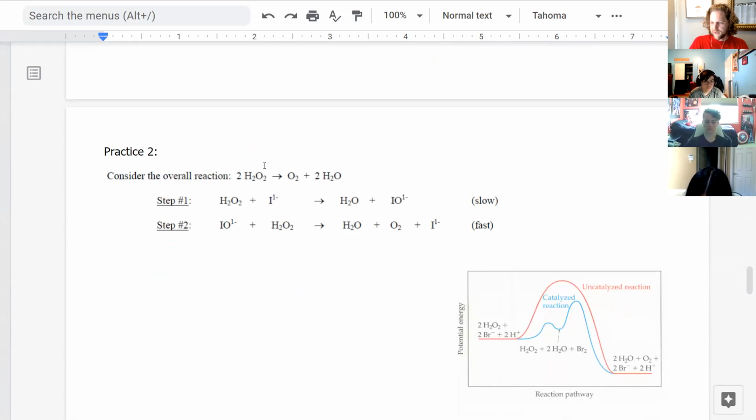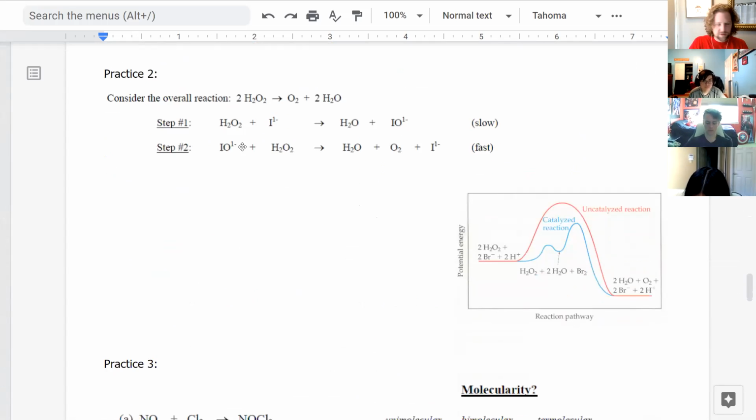This one, practice 2, is actually the one that I did in the demonstration because I'm using iodine, which is a catalyst. Iodine was the catalyst I used for the elephant toothpaste, and you get this cool little graph here. For practice 2, just identify the intermediate. What is the intermediate? Got it.